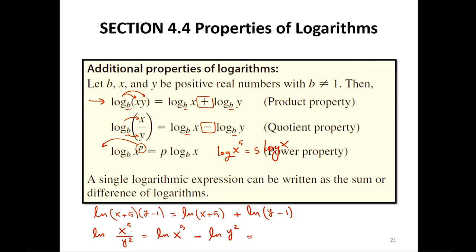Also, we can simplify further so that each variable has no exponent inside the logarithm. So we put the exponent 5 outside the ln by multiplying, and the 2 outside the ln and multiply with ln. So we have the result 5 ln x minus 2 ln y, like this.